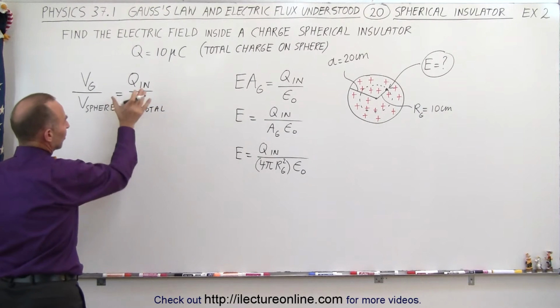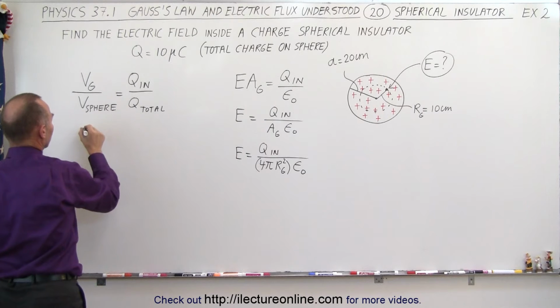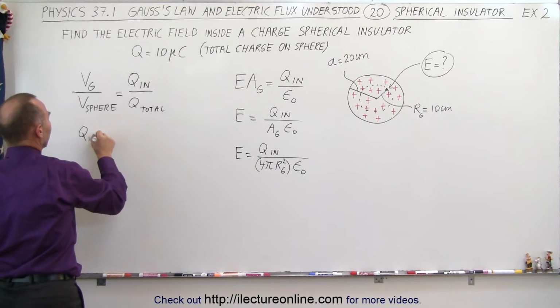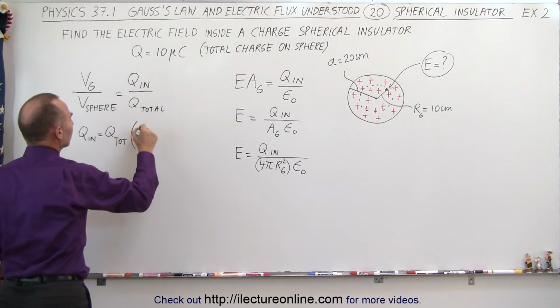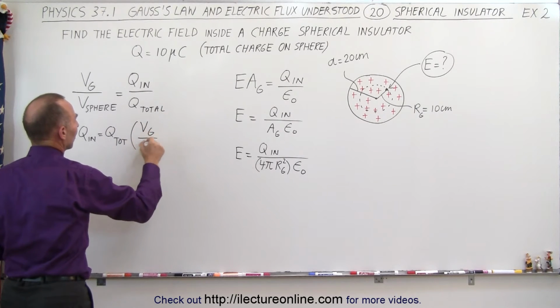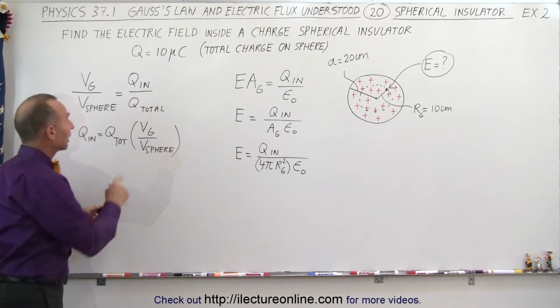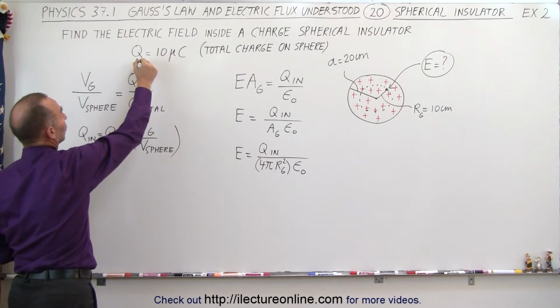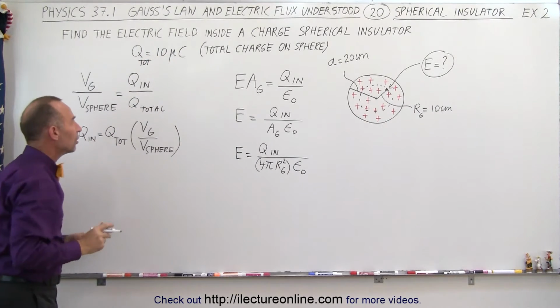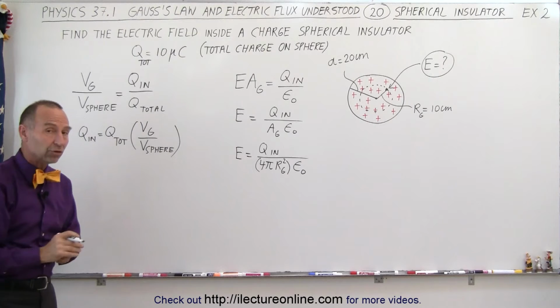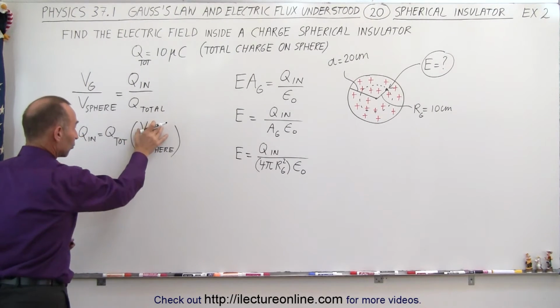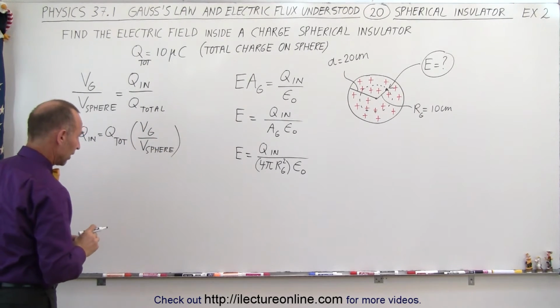And so therefore, the charge inside the Gaussian surface is going to be equal to the total charge times the ratio of the volume of the Gaussian surface divided by the volume of the sphere. We're given the total charge on the whole sphere, so we're given that number. Now we have to multiply that times the ratio of the volume of the Gaussian surface to the volume of the sphere.